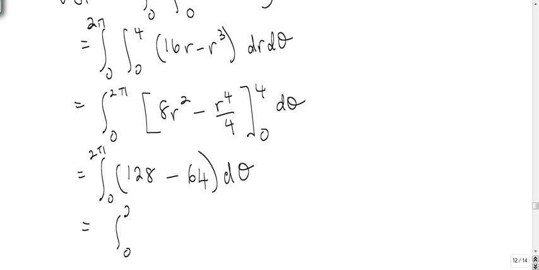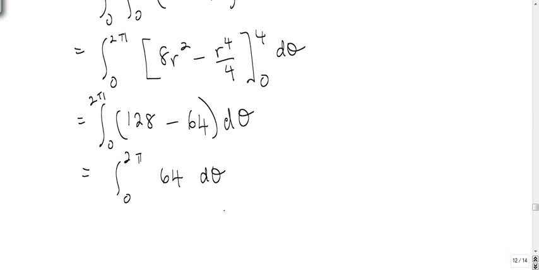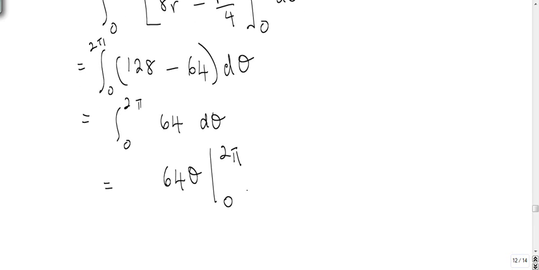That's the integral from 0 to 2 pi of 64 d theta, which is 64 theta from 0 to 2 pi, which ends up being 128 pi. Any questions so far?